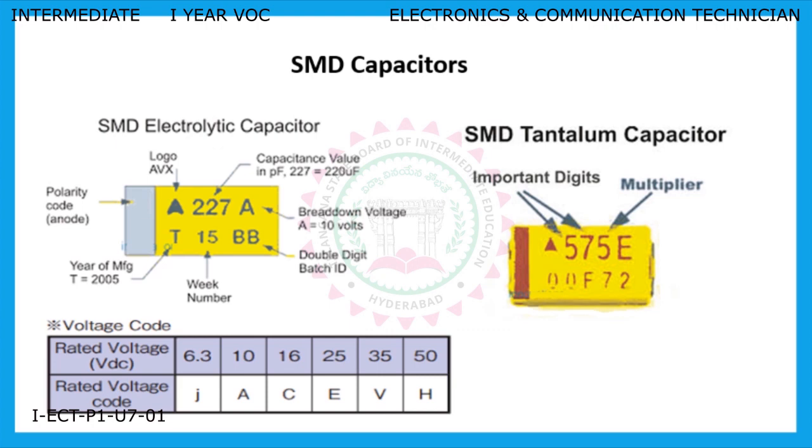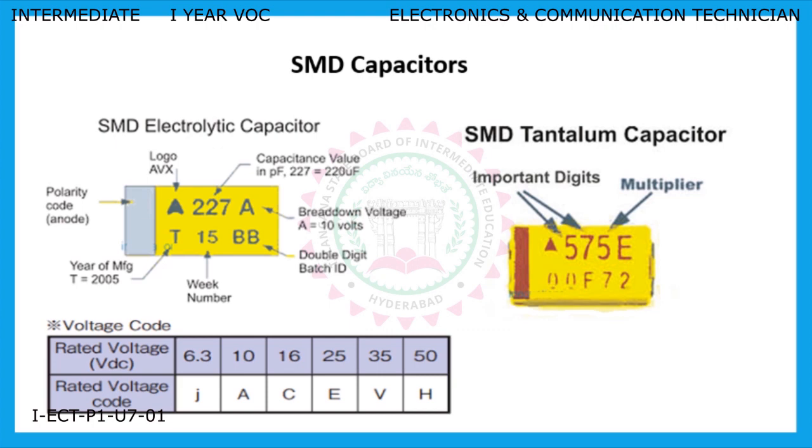And the code A will indicate the breakdown voltage 10 volts. T will indicate the year of manufacturing, and 15 will indicate the week number. BB will indicate double digit batch ID. These are the codes.